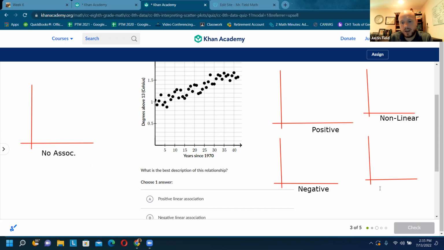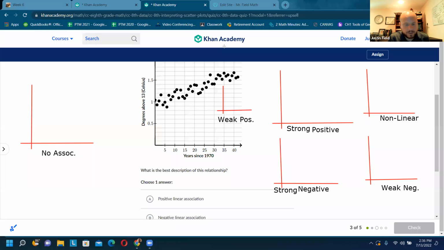Oh, and it could be weak negative, and it can also be weak positive, and I'm going to make this one strong. Strong negative, and this one would be strong positive. Oh my gosh, it's getting so messy. Just all the associations are coming back to me as I think about it here.